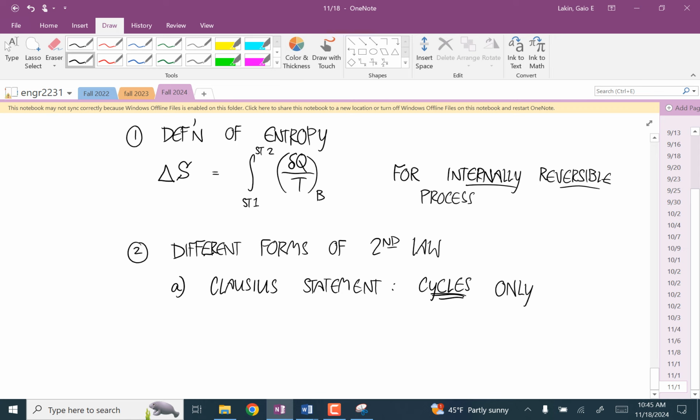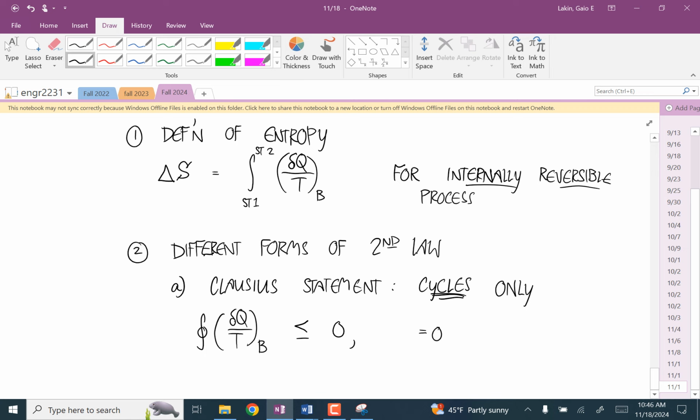And that says that over the cycle, if you take this same integral that we have in the definition over the boundary, it has to be less than or equal to 0.